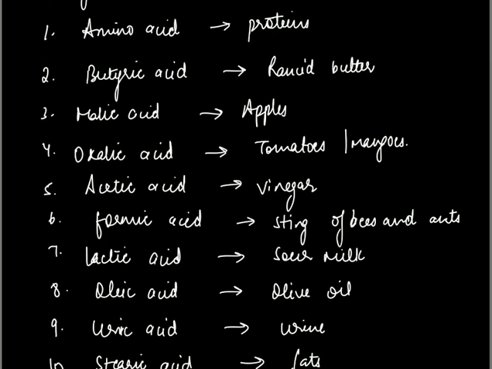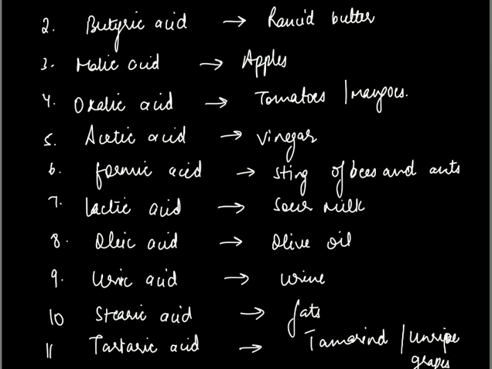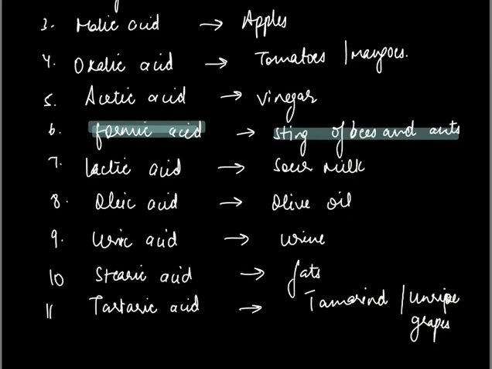I'm not going to write it. We can say formic acid is found, but it is used in tanning leather and in medicines for treating gout. Then acetic acid, we already know vinegar, and we can use it for certain dyes and for cleaning purposes also.